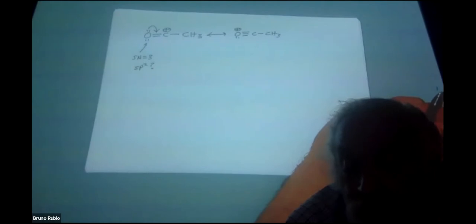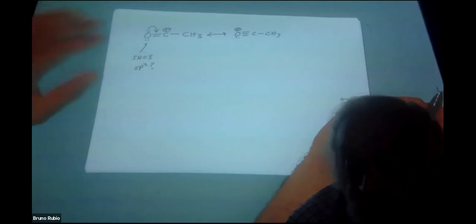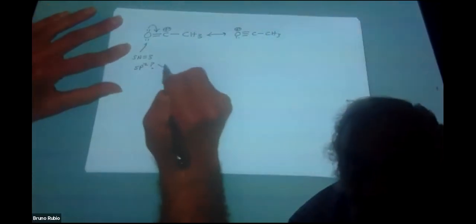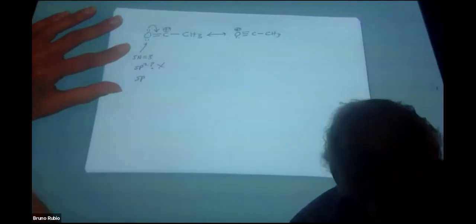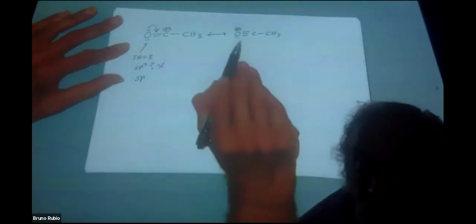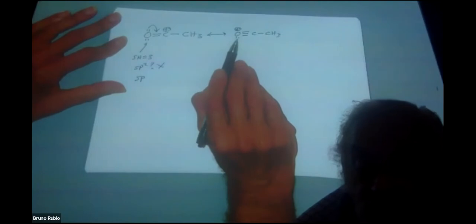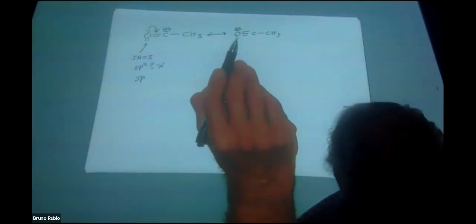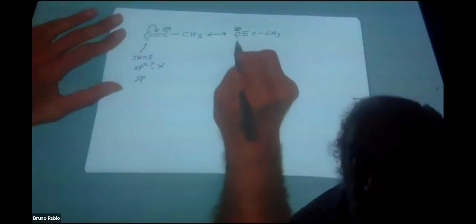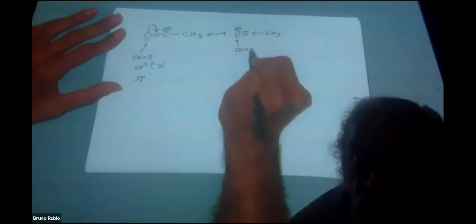I didn't break its octet. I didn't exceed the octet of carbon. That looks perfectly okay. So it's not sp2, it's sp. And now what would be the hybridization state of this oxygen over here? It's also sp. This is a steric number of 2.